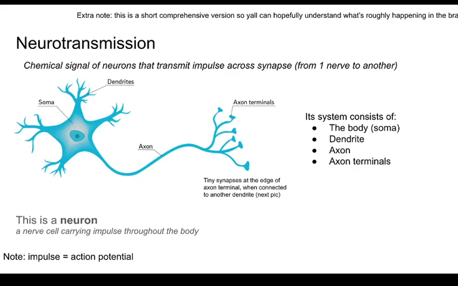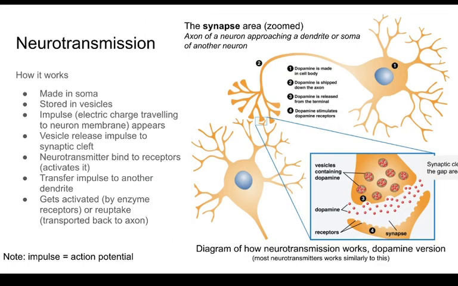At the edge of the axon terminals, there are tiny synapses. Basically the axon terminals are usually connected with other neurons through their dendrites, and the gap between the axon terminals and those dendrites is called a synapse, as seen in this picture.